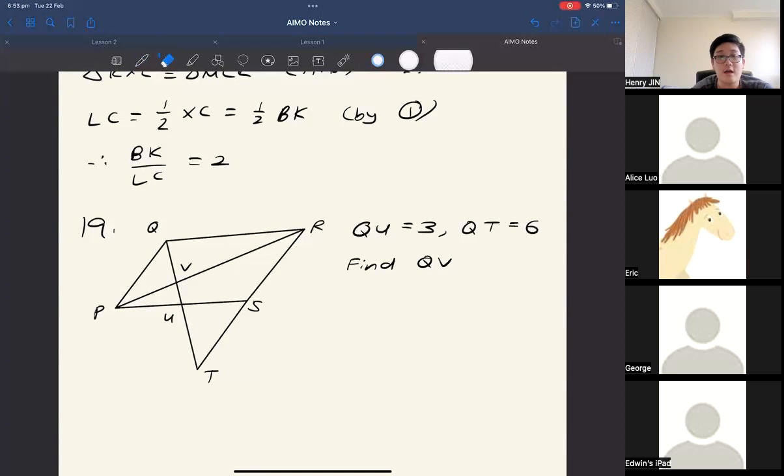So you see how they gave us a midpoint. So we're given that QU equals TU. So that's a free midpoint. So what does it tell you about, let's say, PU and US?